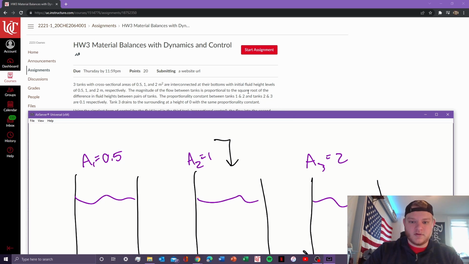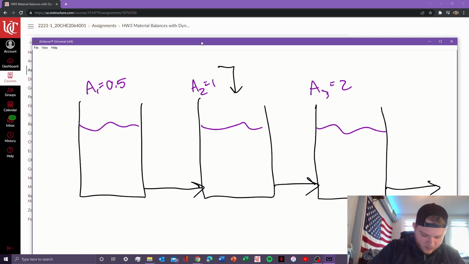They are interconnected at their bottoms with initial fluid levels of 0.5, 1, and 2 again. So the level of tank 1 is 0.5, the fluid level of tank 2 is 1, and the fluid level of tank 3 equals 2.